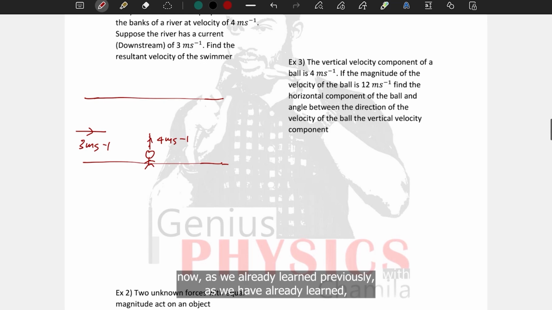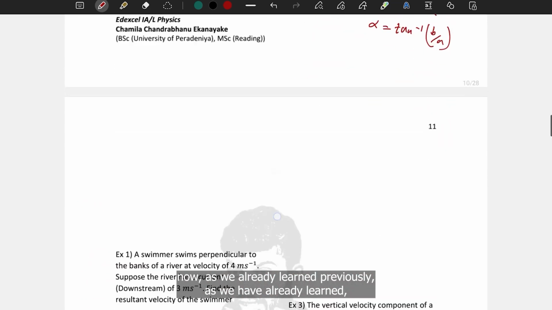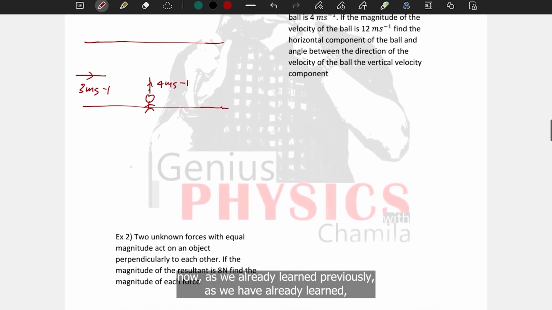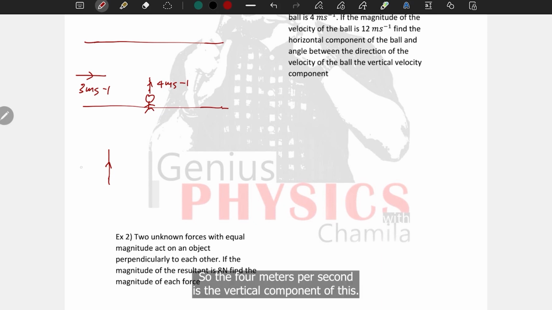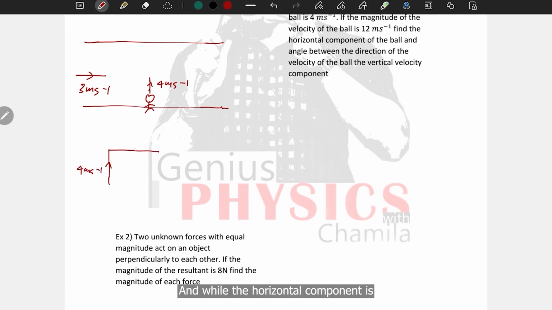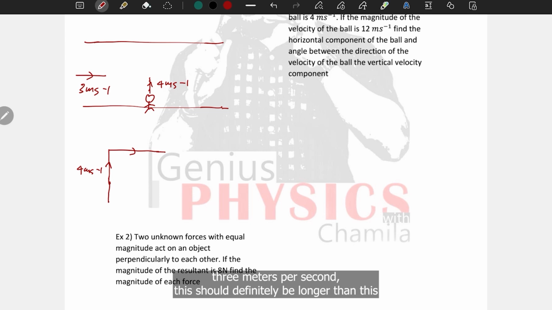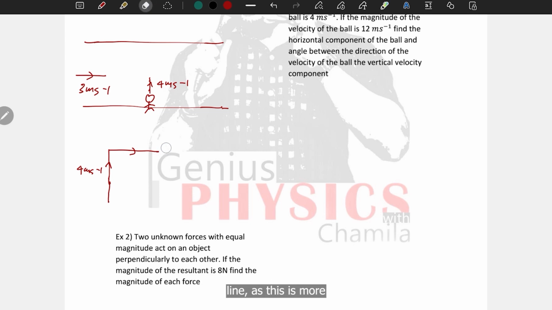Now, as we already learned previously, you can draw a proper vector diagram to find out the resultant, right? So the 4 meters per second is the vertical component, while the horizontal component is 3 meters per second. This should definitely be longer than this line, as this is greater.